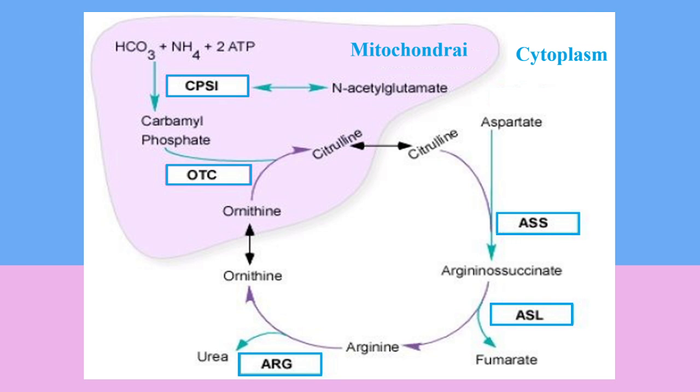This enzyme, carbamoyl phosphate synthase 1, is a rate limiting enzyme, so regulation of urea occurs at this level, at this enzyme. It is allosterically activated by N-acetyl glutamate.